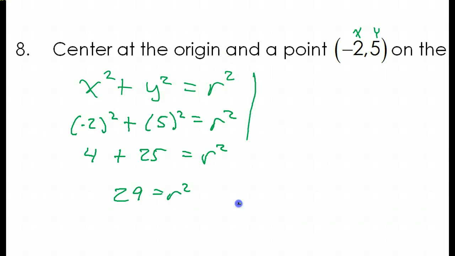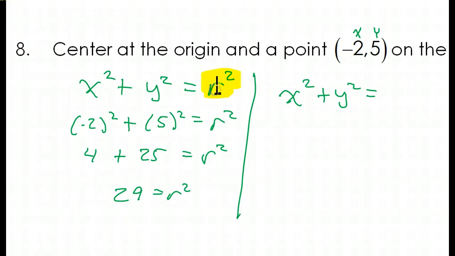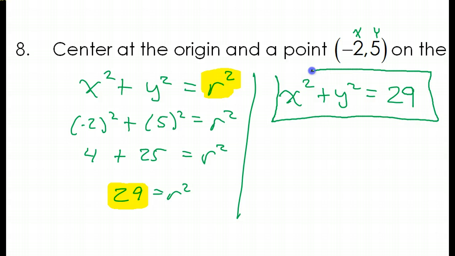So we already knew the left side of the equation was going to be x squared plus y squared, because the center was 0, 0. All we needed was the r squared. And now we know that the r squared is 29. So I can just put 29. Okay, and that is it for number 8.